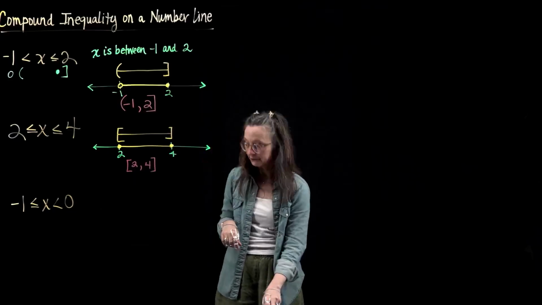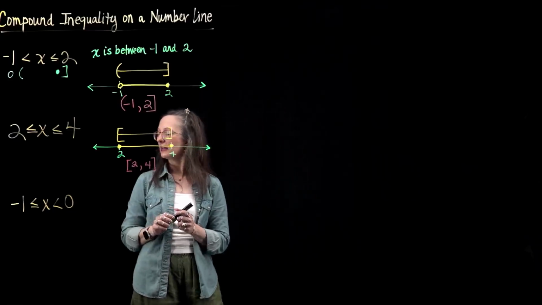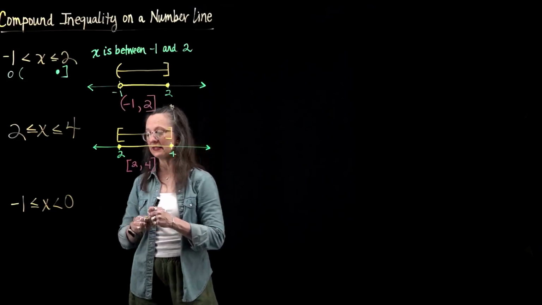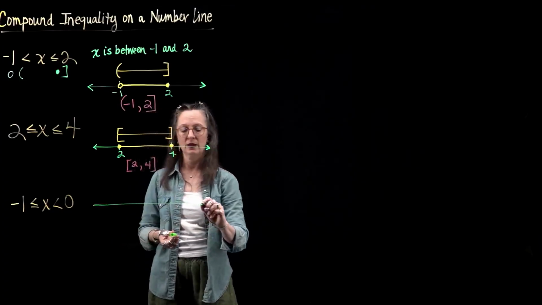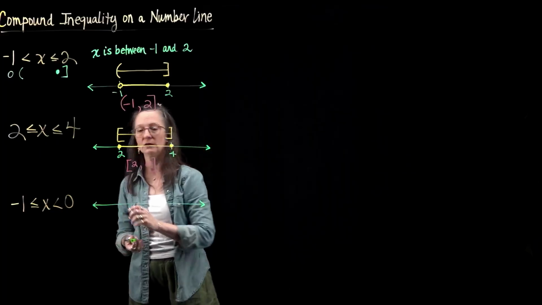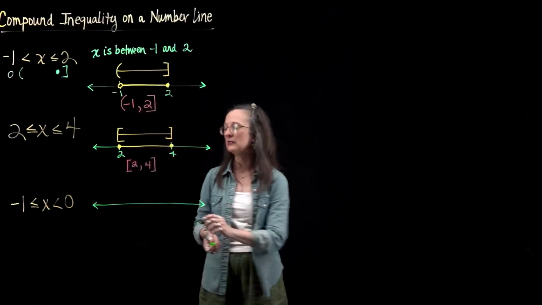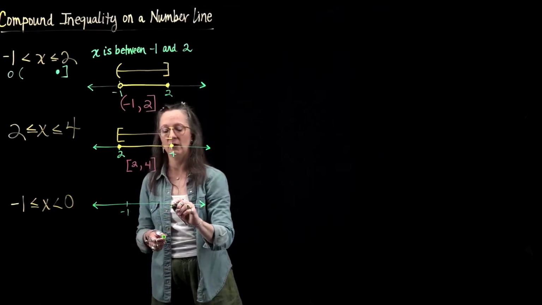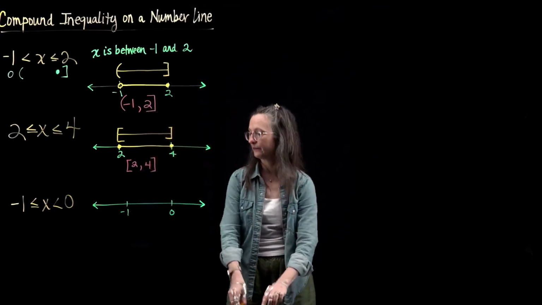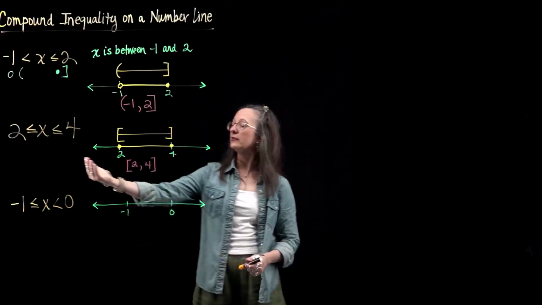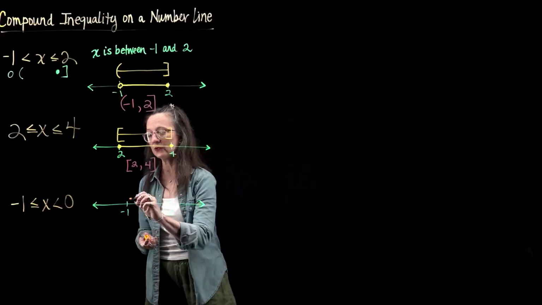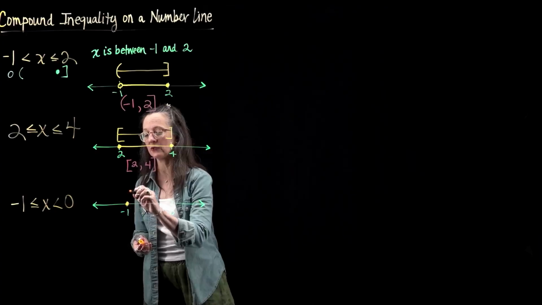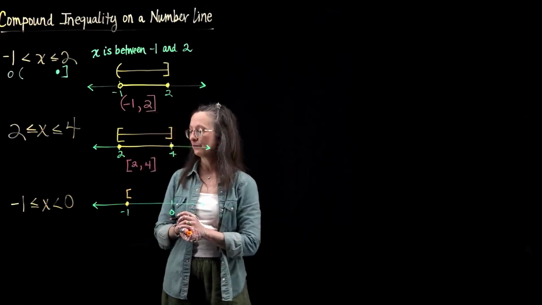All right, one more. -1 ≤ x < 0. So I'll draw my number line, horizontal line with arrows on both ends. I will mark -1 and 0 on my line. On the -1 side, I have a less than or equal to, so that's going to be a closed dot or a bracket.